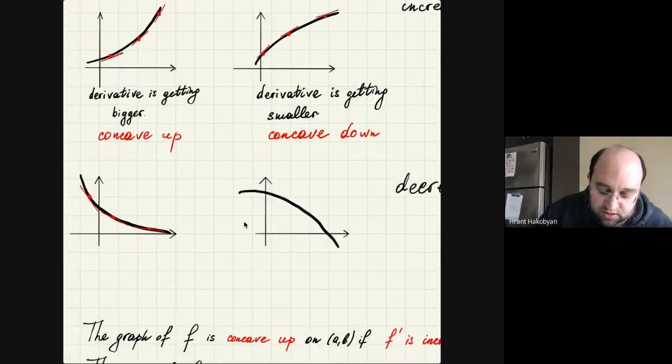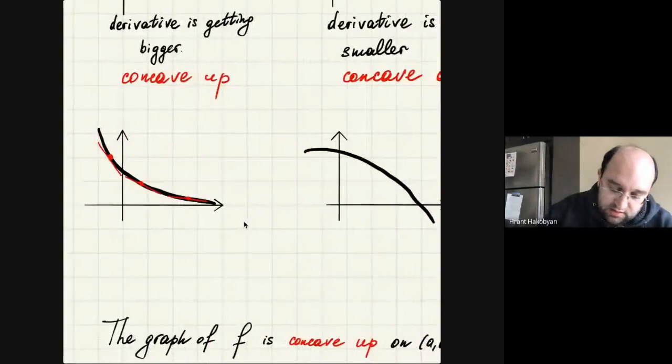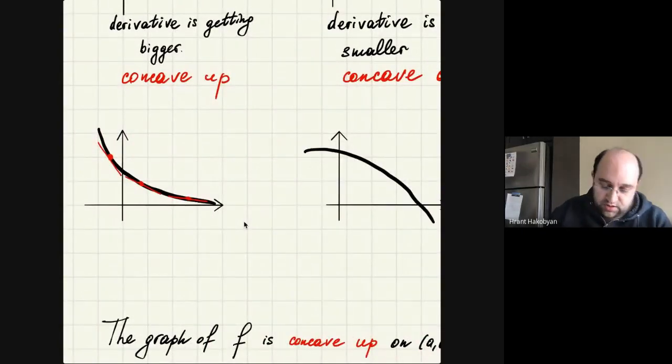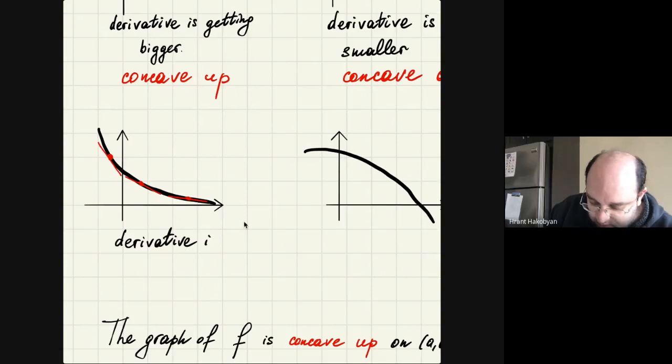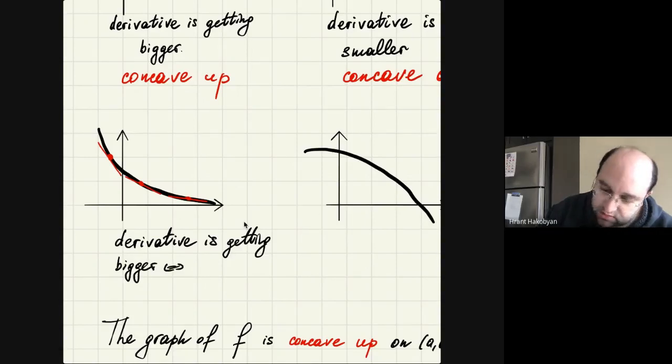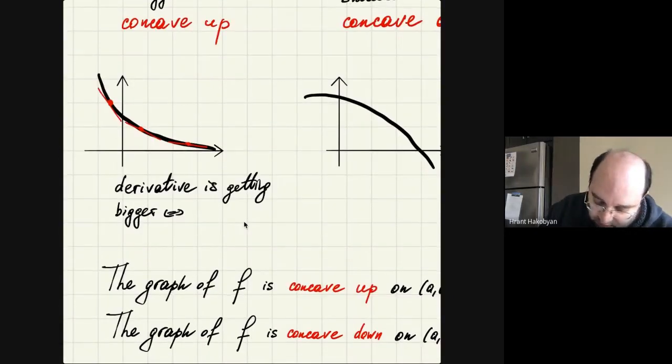So again the slope is getting bigger and bigger, so this is again concave up. I'm just going to write: the derivative is getting bigger. So another way of saying it is that it is concave up.